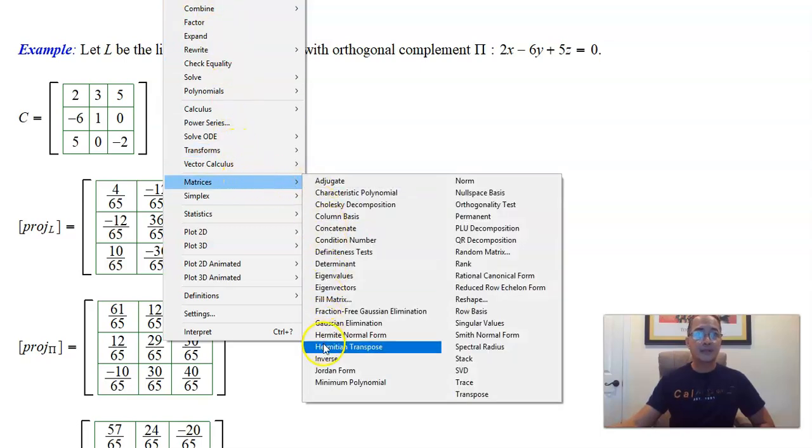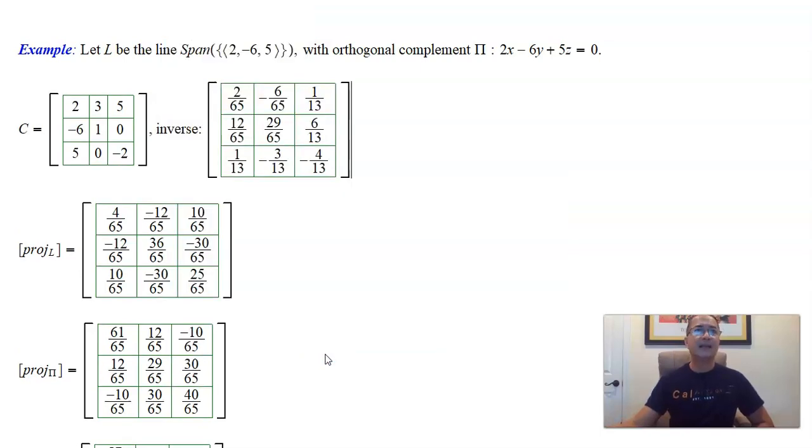Compute the matrix's inverse. Yay! Ooh, 65, huh? Where have we seen 65 before? So we said that AC equals CD. I always go back to that one. This time, if I want to get D by itself, I need to move C to the left. So we have C inverse AC.